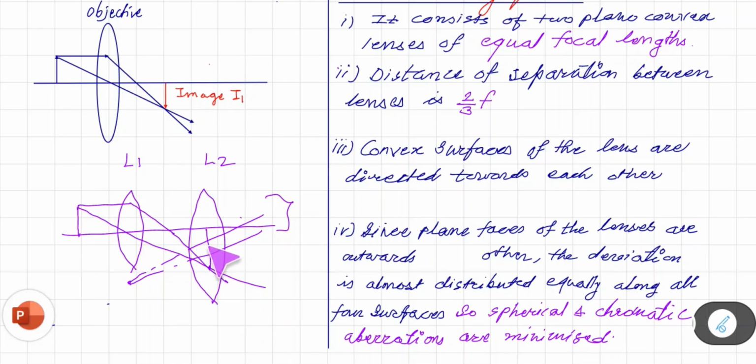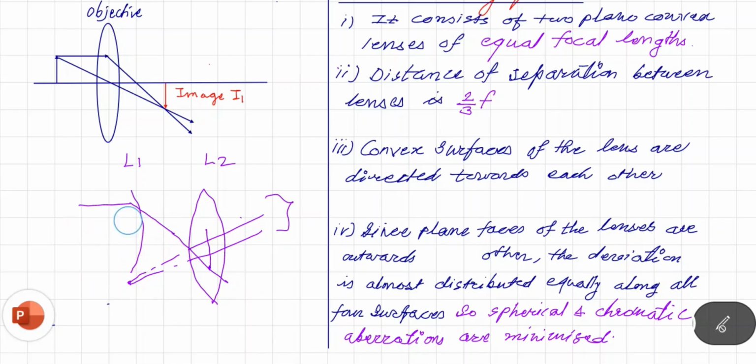Now this image acts as a virtual object for the second lens, and due to the rays of this virtual object the image is formed, and we get the image after extending the rays, so that image is also a virtual image. So these are the things.